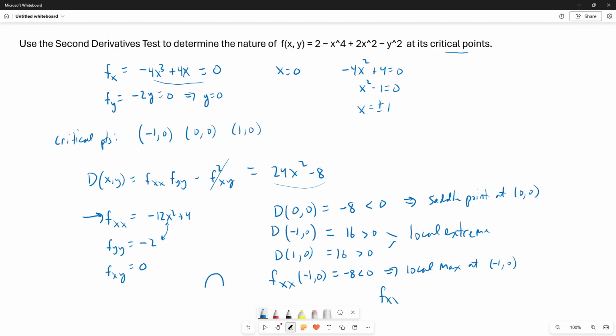And we're going to have the same thing at the other critical point (1, 0), because whether we plug in 1 or -1 here, we get the same thing. f sub xx at (1, 0) is also -8. So we have a local max here as well. So we have a local max at (1, 0) and (-1, 0), and we have a saddle point at (0, 0).